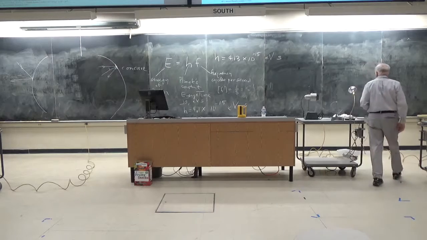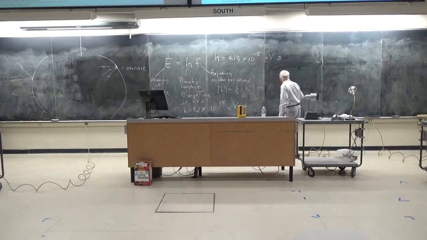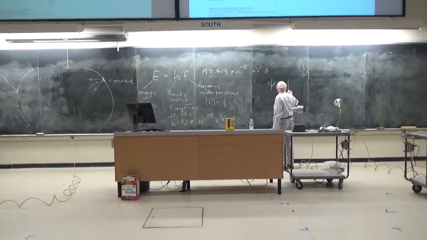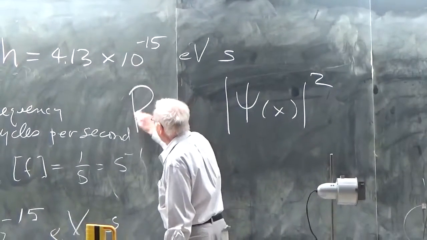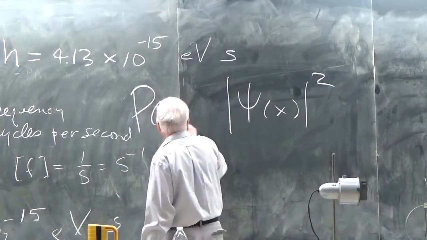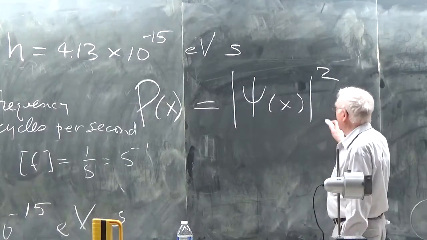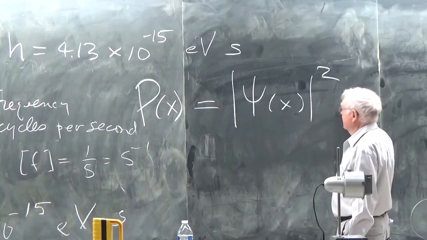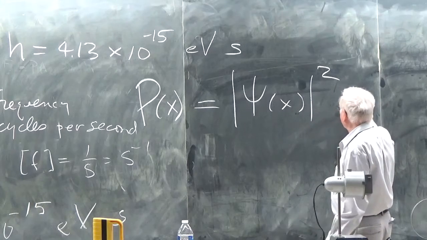So in other words, for an electron we often use psi, and psi squared is the probability of being at x, apart from, well, that times a certain unit of volume.